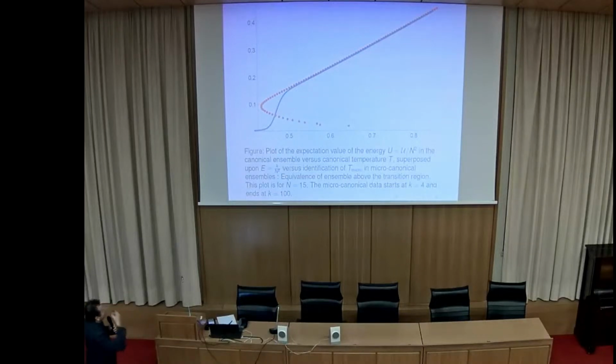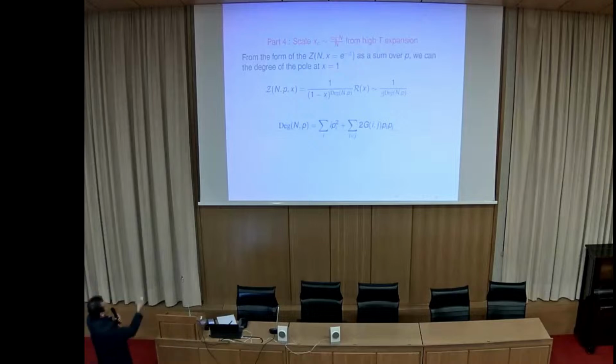Actually, we don't have an analytical argument for this n log n, but we do have an analytical argument for where this transition happens. I'll tell you about it shortly. And I think these two things are a bit correlated. So indeed, for the canonical ensemble, we can get an analytical argument.